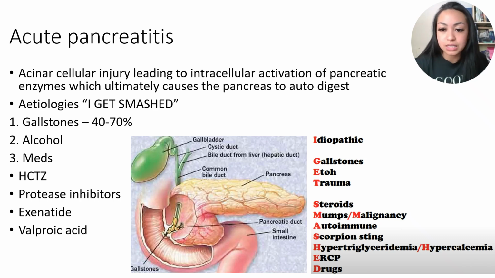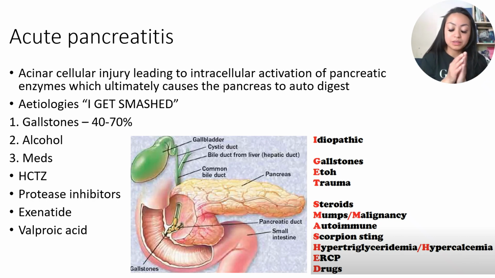The reason for this is, if you think back to anatomy and physiology, we have the gallbladder, and from the gallbladder the cystic duct comes off. It meets with the bile duct coming from the liver, forming the common bile duct. This common bile duct again meets with the pancreatic duct. So you can see it here. This is the biliary tree.